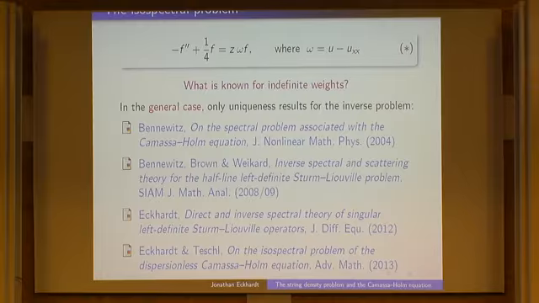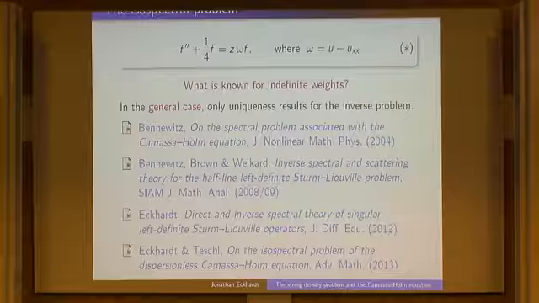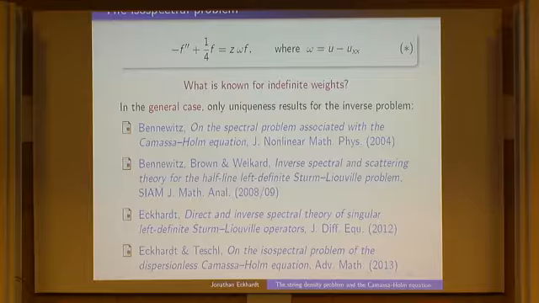The best known result is contained in the last one, and it tells you that U is uniquely determined by our spectral data if this omega is a real valued measure of finite total variation. So it doesn't cover the general case when U is only H1. At the moment, no one knows. Everyone would expect that it's true, but there's no proof.